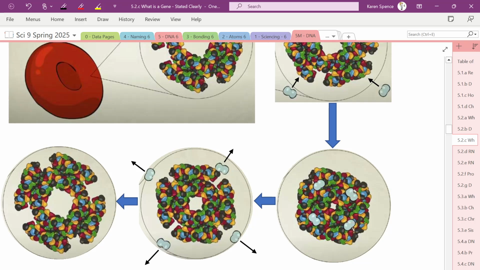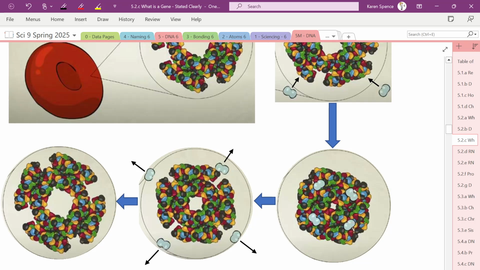Because what your cells do is they take sugar and they use it up and they produce water and carbon dioxide. When carbon dioxide dissolves in water or the blood, it produces carbonic acid, which makes your blood a little bit acidic.